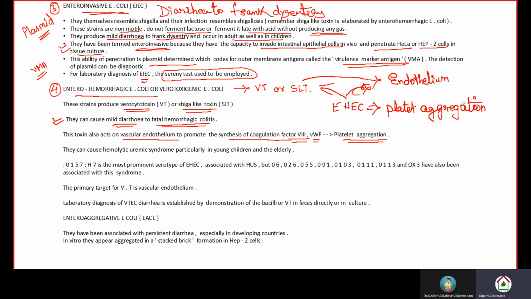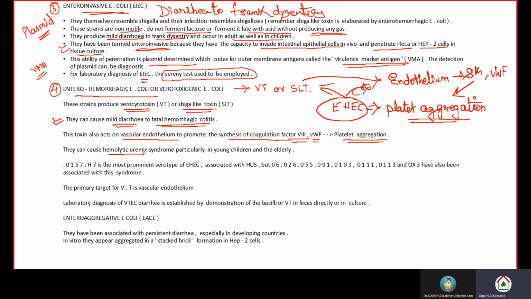It will promote the synthesis of coagulation factor 8 and von Willebrand factor, and they will cause platelet aggregation. In this way, we can say EHEC infection will lead to platelet aggregation.